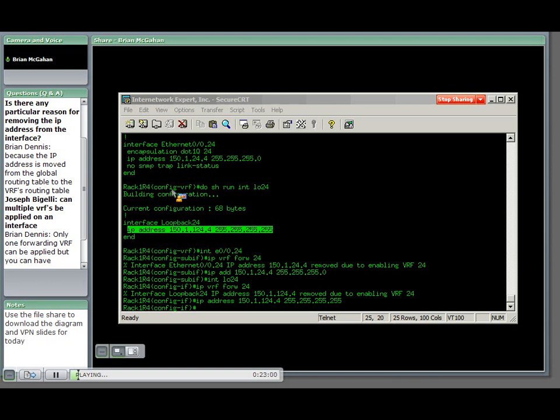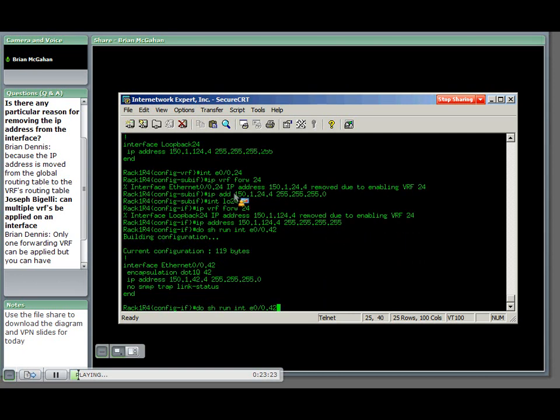Now, if you did by chance happen to make a mistake in the exam and put the VRF on the interface without checking the IP address, assuming that you had already saved your configuration, you could always say show startup-config to see what the previously saved instance of it is. As a general rule, make sure you look at the running configuration on the interface before you apply the VRF. Okay, now we'll look at the other Ethernet subinterface, .42.